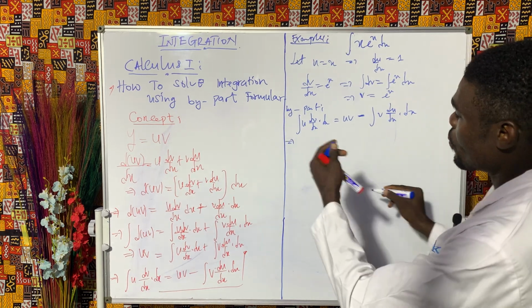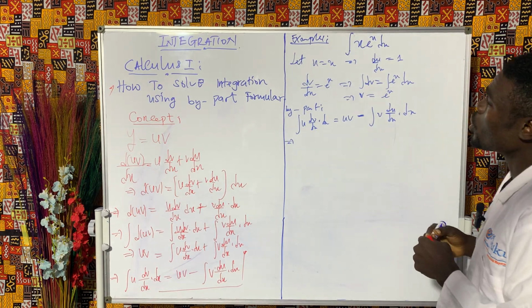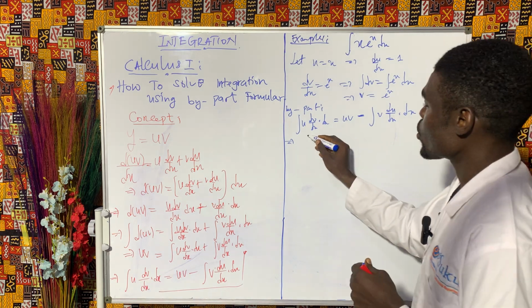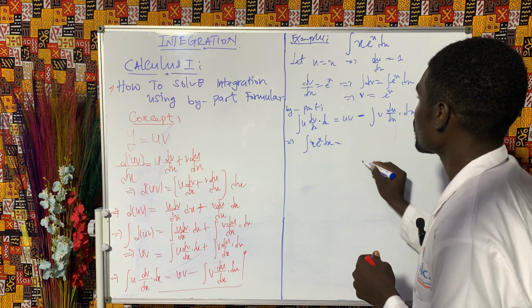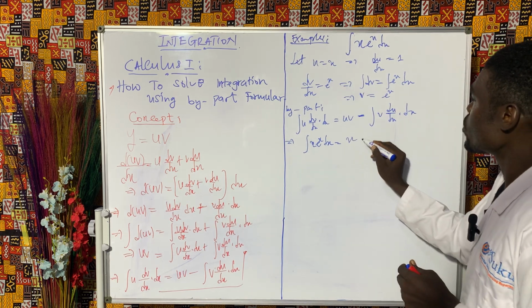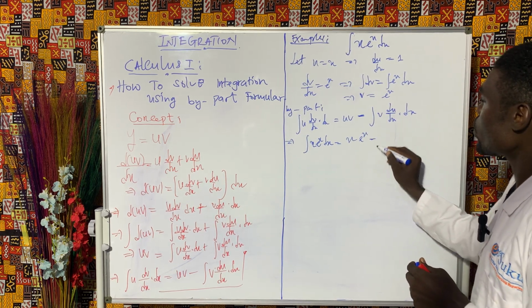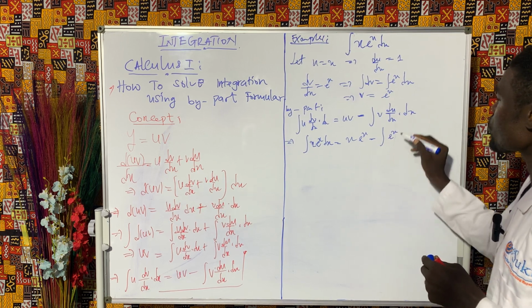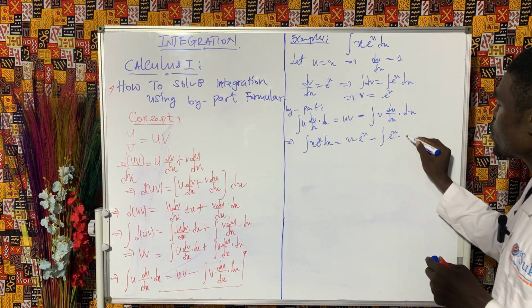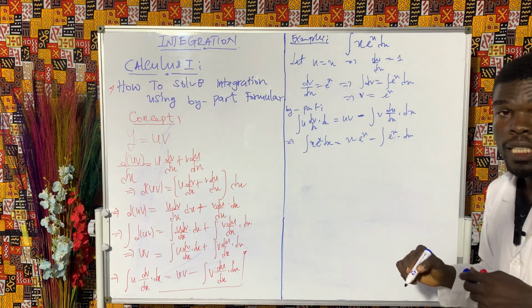So the left side gives us the original integral, the integral of x e to the x dx, equals u, which is x, times e to the x, minus the integral of v, e to the x, times du/dx, which is 1. So we just have a common multiplication dx.